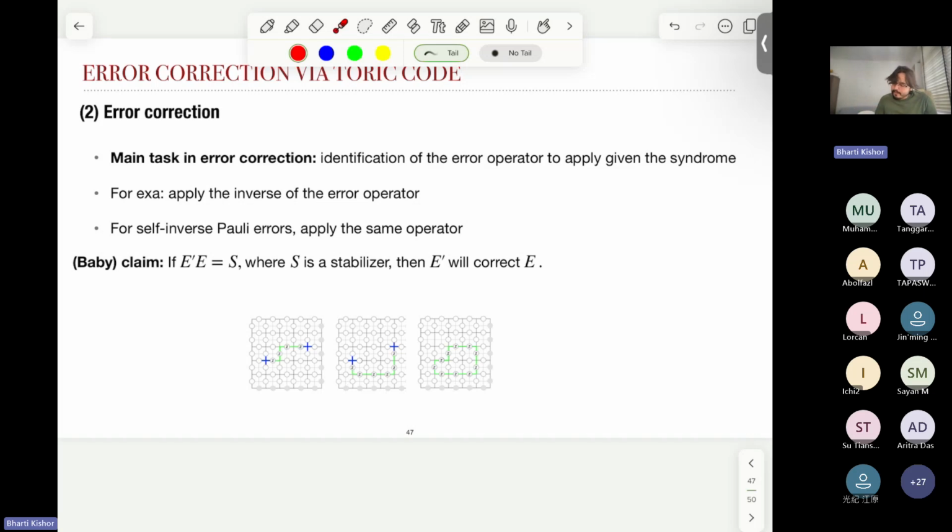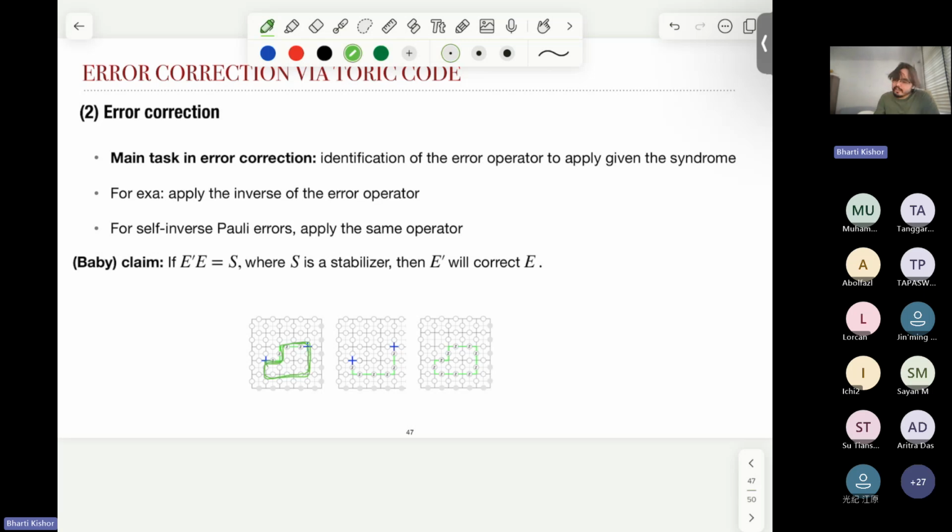For example, let's say the original error was this, and you end up applying something like this. As long as the original error plus the recovery operator that you applied together form a stabilizer, you are okay.